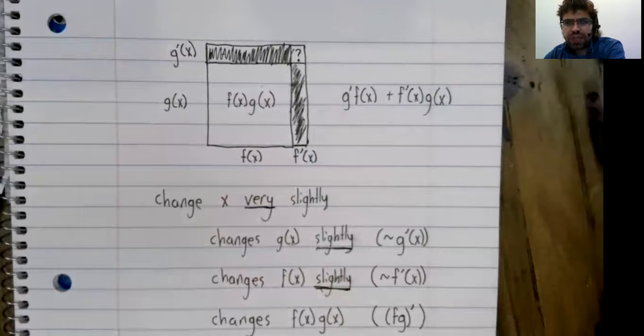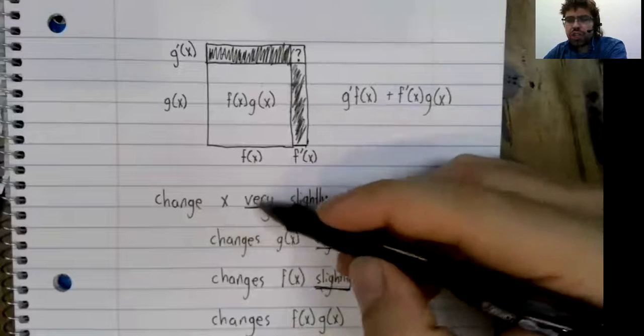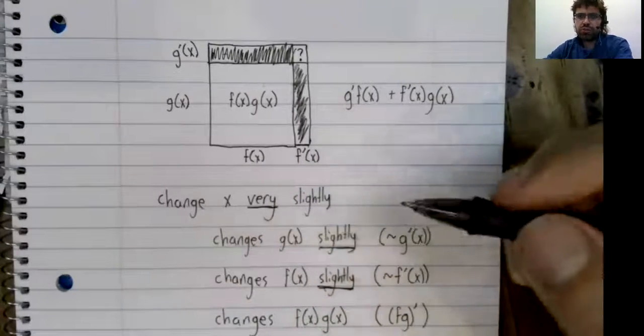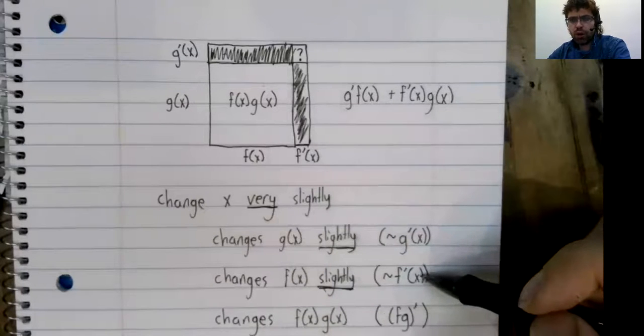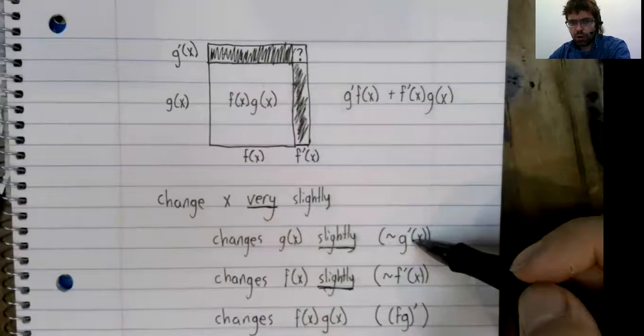Remember that ultimately you're taking limits as these intervals go to 0. So you're changing x a very small amount. And that makes this very small and this very small.